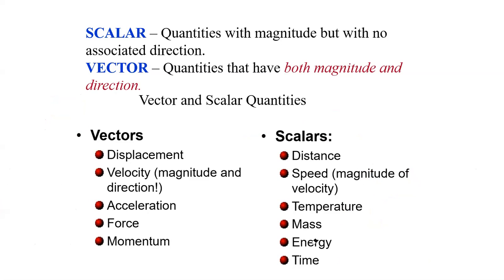Let's look at scalars first. You could think of many of those: distance, temperature. Temperature is 32 Fahrenheit, 0 centigrade. You don't see any direction. Mass in kilograms, grams, energy in joules, time in seconds, but you do not mention any direction here.